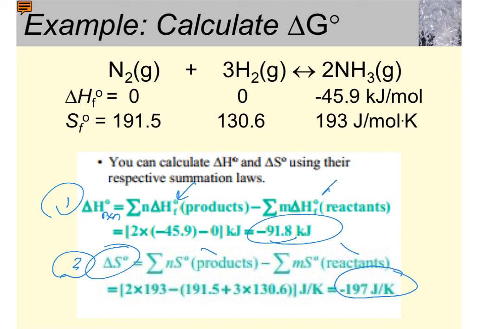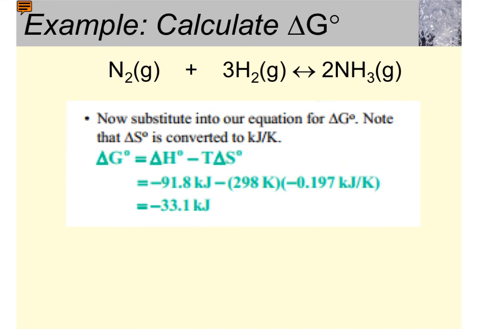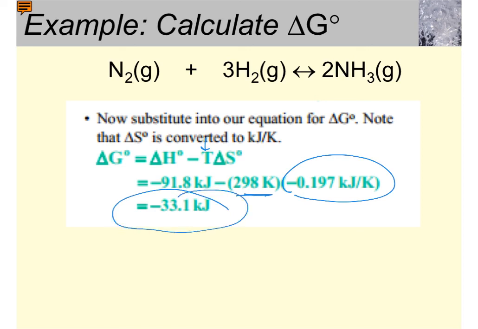Now again, look at the units. Enthalpy is almost always in kilojoules and entropy is almost always in joules. So you need to make those match. So converting the joules to kilojoules, remembering that temperature here is in Kelvin, okay?